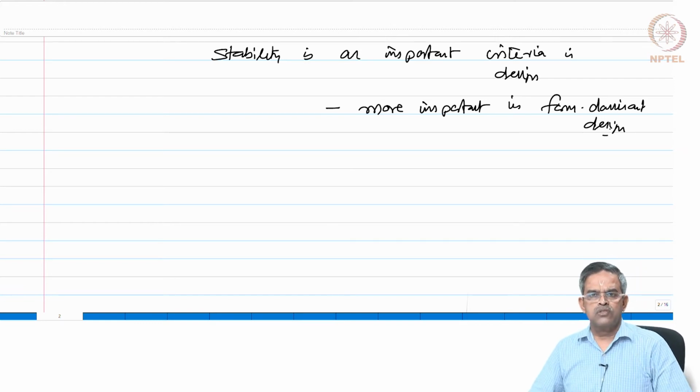We also know that the structural form is subjected to a variety of challenges in given loads and boundary conditions.